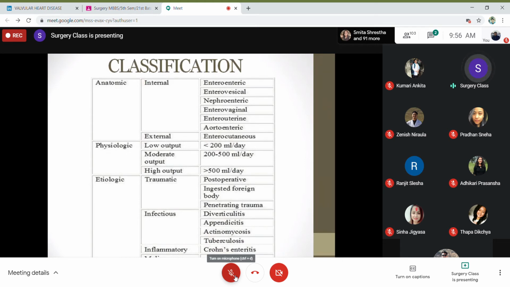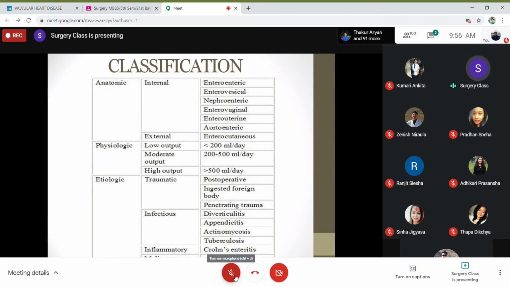Then the etiological classification. Traumatic is the most common, being post-operative fistulas, foreign body leading to fistula formation, and penetrating trauma. Then infectious, as you have heard about appendicitis, and diverticulitis, which usually occurs on the left side of the colon, sigmoid diverticulitis being the commonest. A diverticulum is an abnormal outpouching.